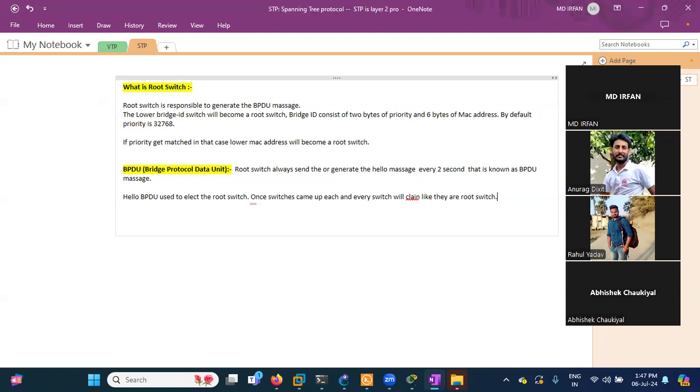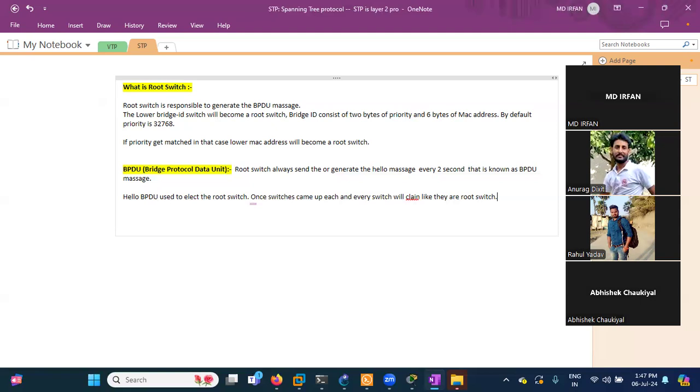But once the election is completed and counting is started, they say okay, my number is less, so I'm not the root. In a real election it's higher, but in what we are learning here, lower wins. So whoever has the lower number will become the root switch.